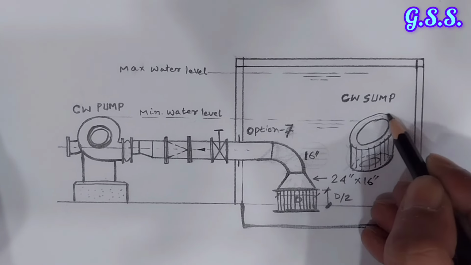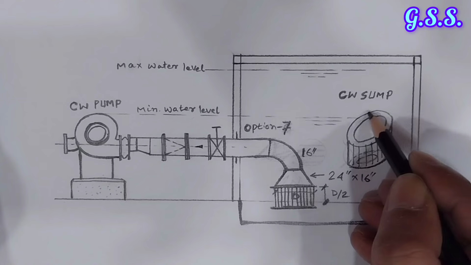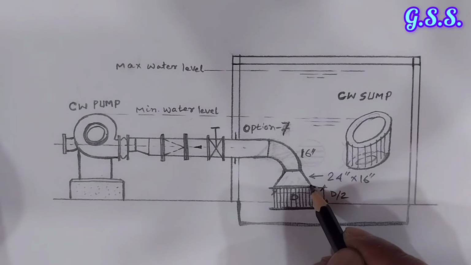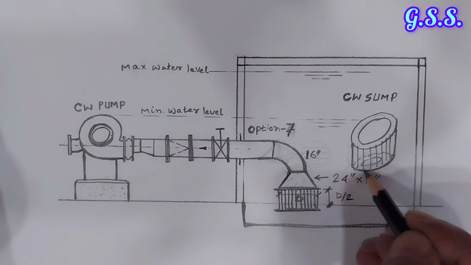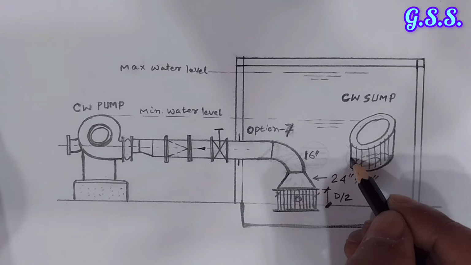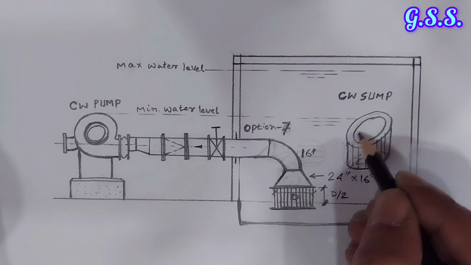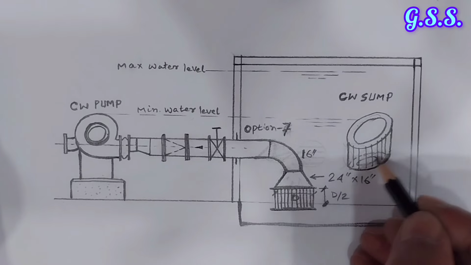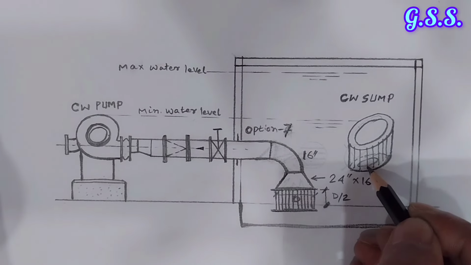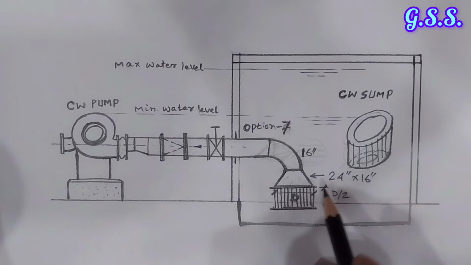This view will be something like this. This is the upper annular plate which is welded to this reducer, and this is the bottom annular plate, and these are 10 mm dia MS rods welded at the periphery of the annular plate at 20 mm gap.